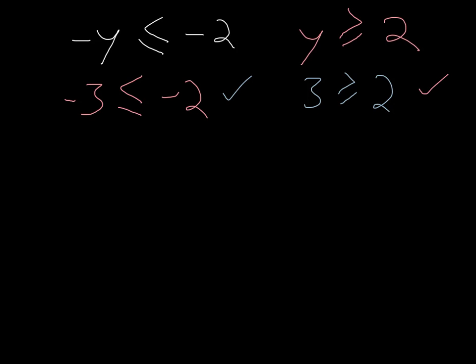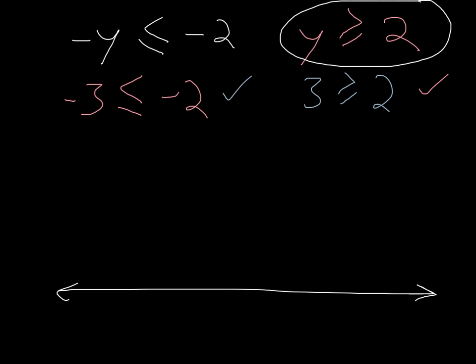Let's try drawing it on a number line. We're going to use this one because it has y by itself without the negative sign in front of it on the left-hand side. We're going to put 2 right in the middle, and we're going to add at least 2 numbers on each side of it.